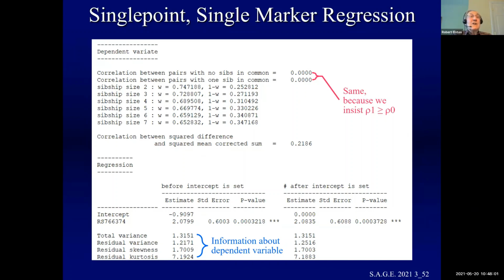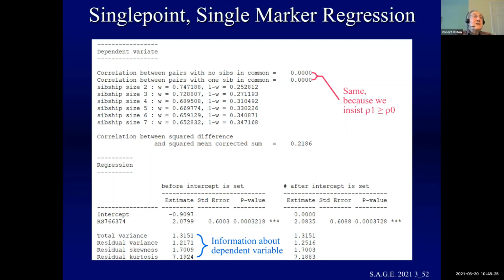What we assume is that the correlation, if there's one sib in common, has to be at least as large as that for none. That's why these two are the same here. It was 0 for one, and instead of being negative, we just make it positive. We just make them both 0. And then you've got this detailed information.